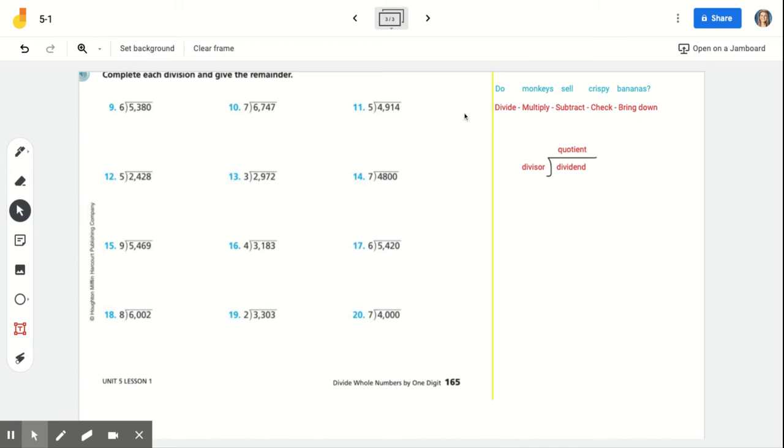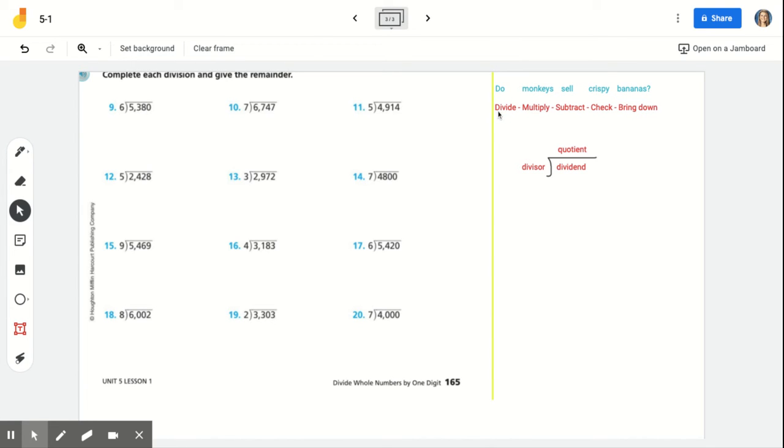Remember this question: do monkeys sell crispy bananas? Do monkeys sell crispy bananas is easy to remember. We'll repeat that quite a bit. And why are we asking this question? Well, the first letters in each of these words are going to remind us what steps to take. So for do, that starts with the letter D. Think of divide.